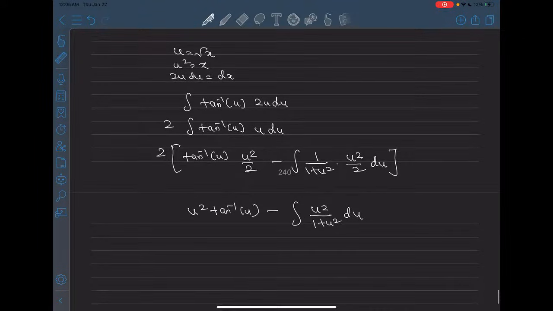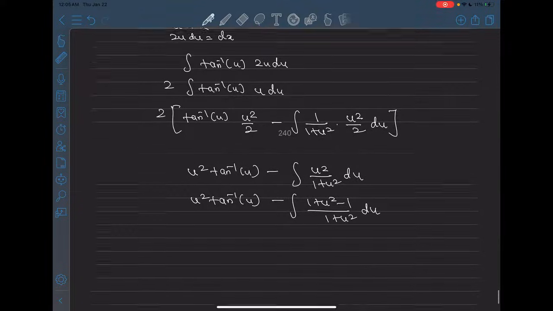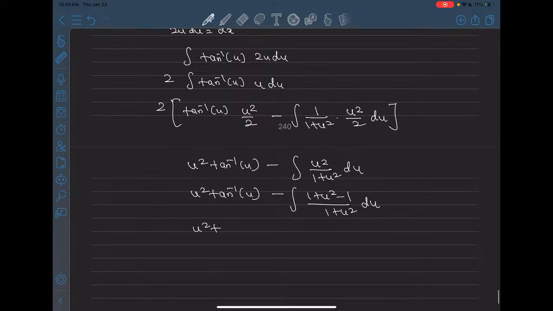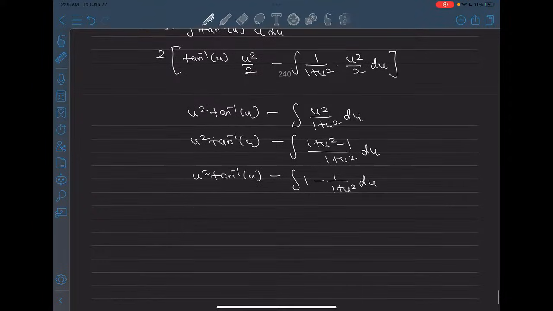So now this is just u squared tan inverse u minus u squared by 1 plus u squared du, right? I multiplied by 2. So u squared tan inverse u, and I can write this as 1 plus u squared minus 1 by 1 plus u squared du. So this is u squared tan inverse u minus u plus tan inverse u plus c.